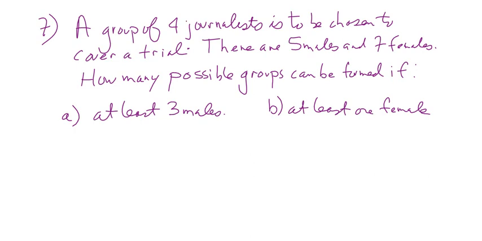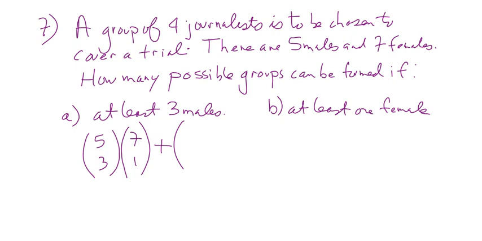So think about it. What are you gonna do? Okay, so what are you gonna do? 5 over 3. So 5 choose 3. 7 choose 1. There's at least 3 males.